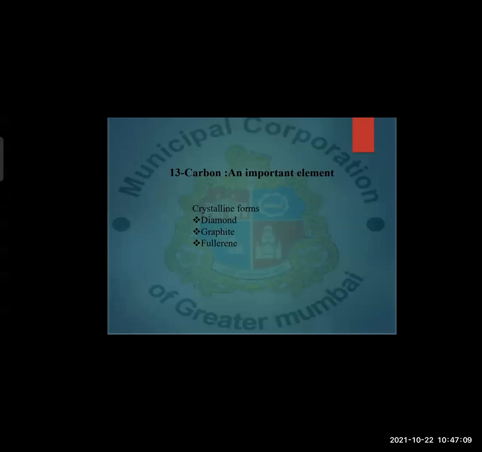Free state again has three forms: diamond, graphite, fullerene. Actually, free state has been divided into two types, that is crystalline form and non-crystalline. Yesterday we were studying crystalline forms, and the first one we came across was diamond.